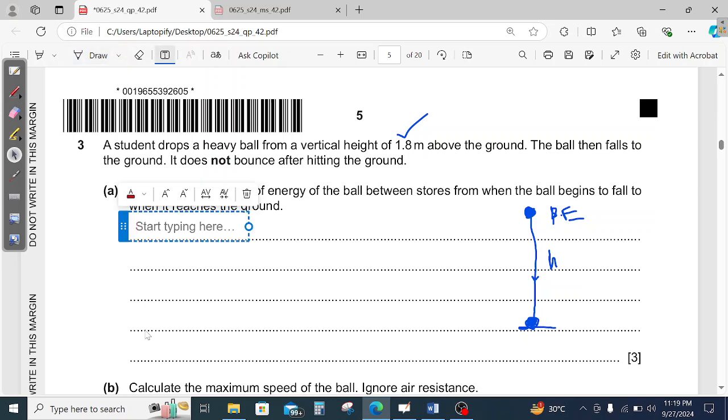I will write here: loss in potential energy is converted into kinetic energy.